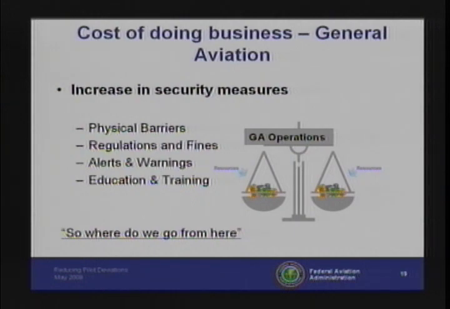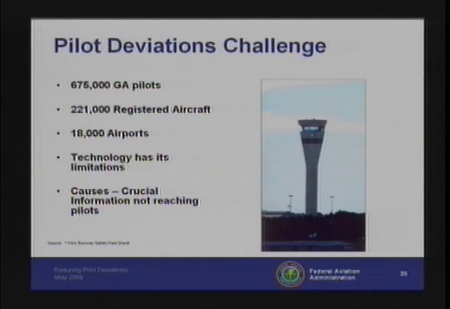We've got alerts and warnings. We've got the surface warning system already in place. However, education and training is where most of the effective outreach is going to take place. This is the scope of our challenge: 675,000 GA pilots, 221,000 registered aircraft, 18,000 airports.